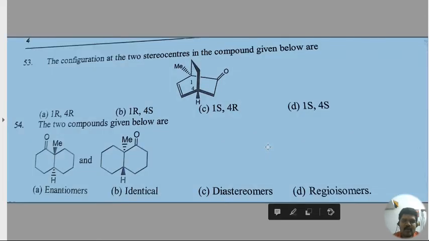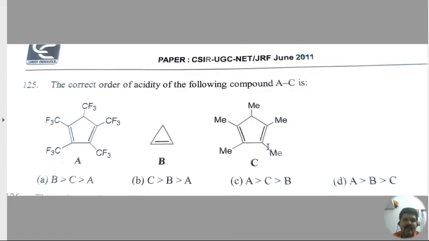Now coming to the next question, look at this. The correct order of acidity of the following compounds A to C is. See, this question is based on aromaticity of the resultant anion, after the removal of H plus.